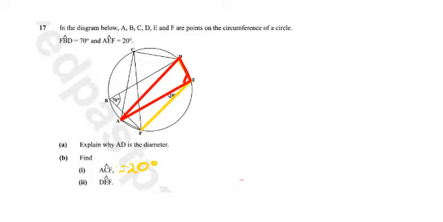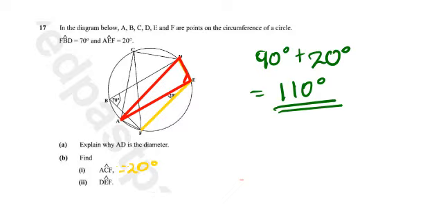Therefore, if we add 90 degrees plus 20 degrees, you are going to come up with our answer, which is 110 degrees, because we are looking for all of these touching that point. This portion is only 20 degrees, and then you already have 90 degrees there. So you just add the two and then you get your answer. So DEF is 110 degrees.